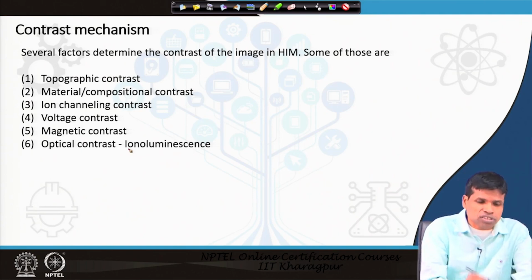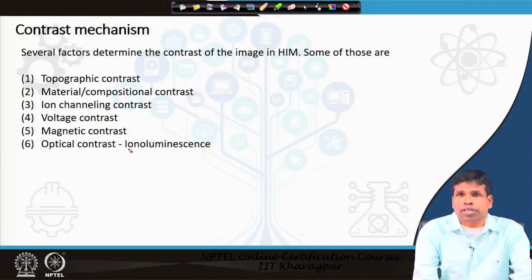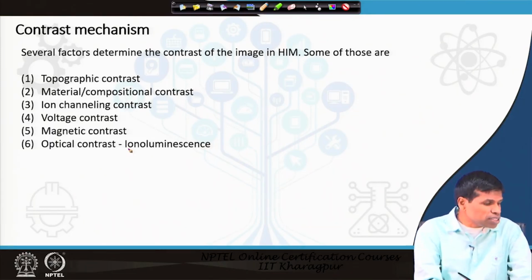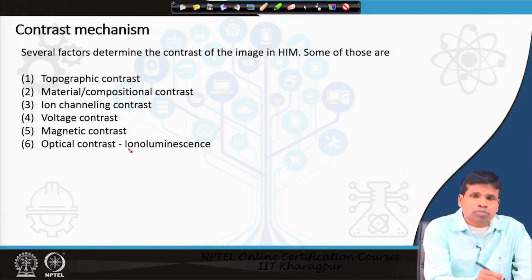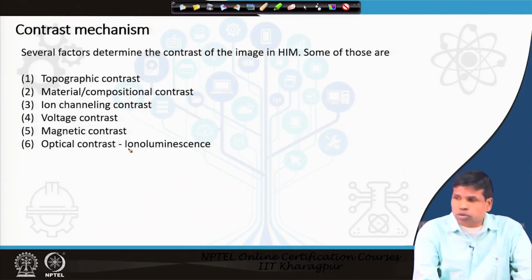We will not discuss much on the voltage, magnetic and optical contrast because they are almost similar to the scanning electron microscope case. Only the performance of the helium ion microscope is a little better. The phenomena and consequences are almost the same, and the principle is the same, but the performance is better.